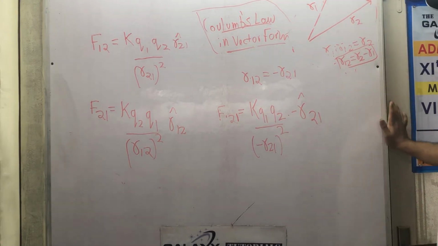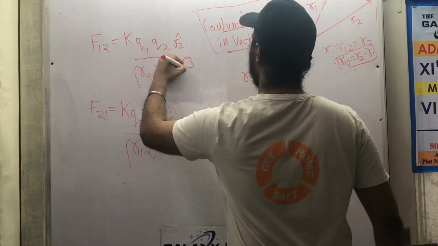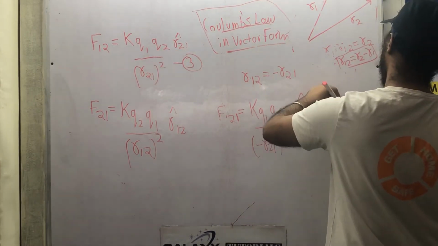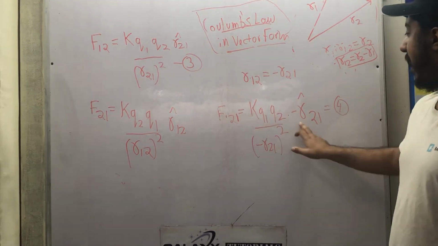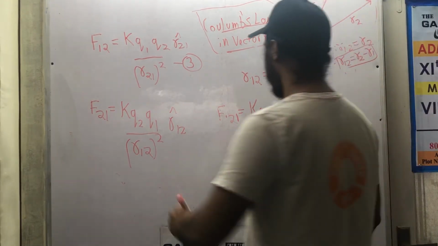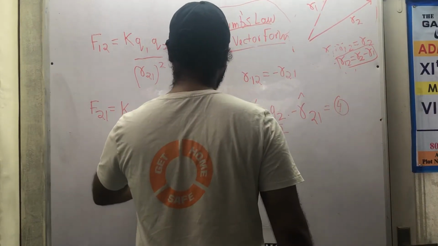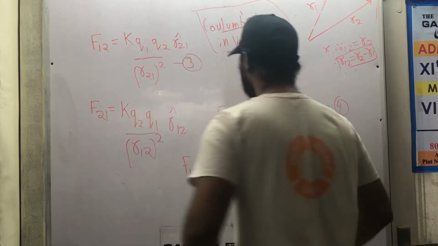Now from equation 3 and 4, what are you observing? These two equations are exactly the same except for this minus sign. So what can I say? I can say that F12 is equal to minus F21. What does this mean?